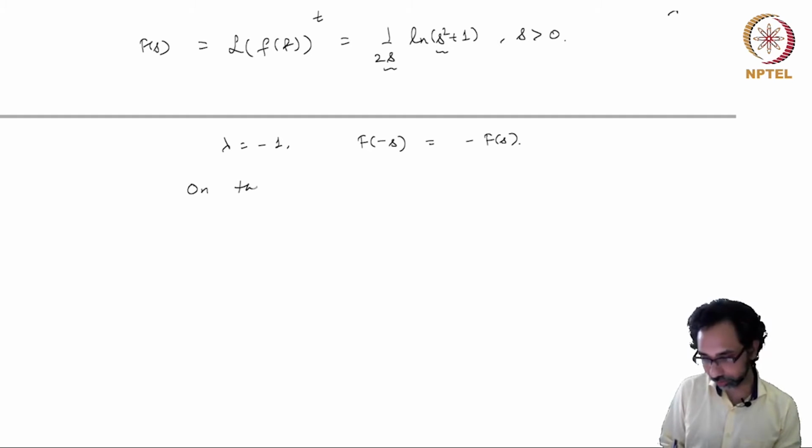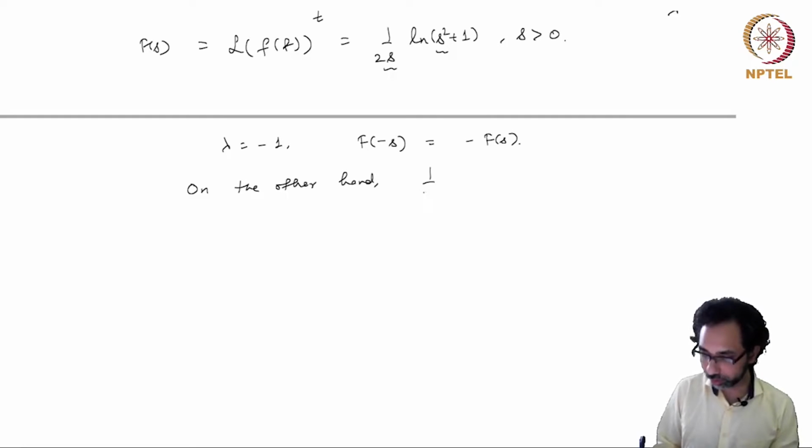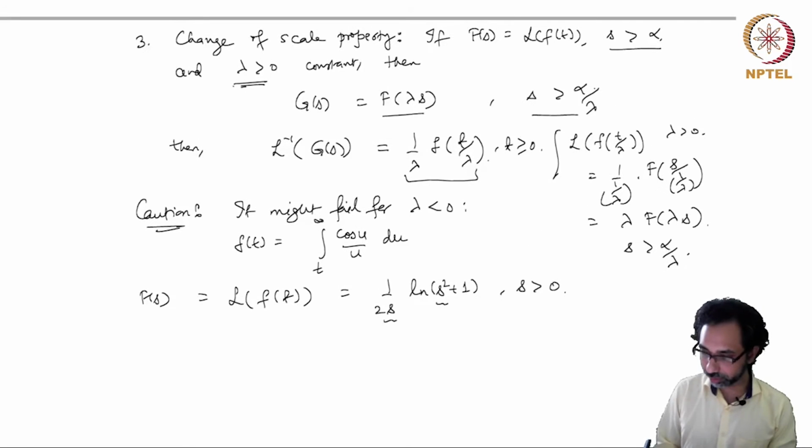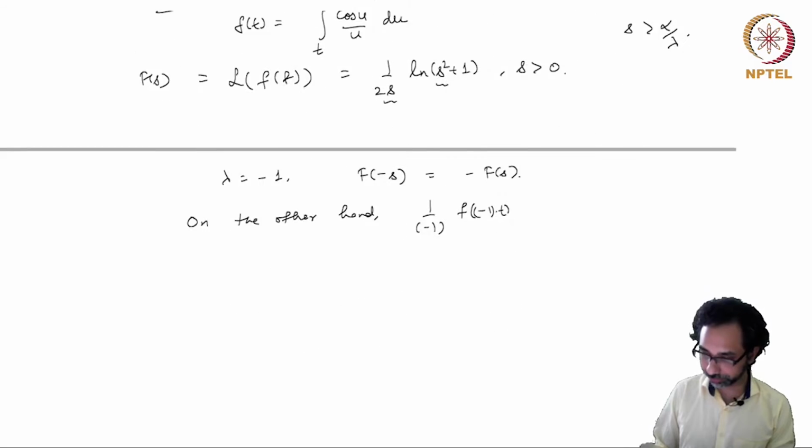On the other hand, 1 over minus 1 times f(minus 1 times t), so this is the formula for our inverse Laplace transform for F(lambda s).